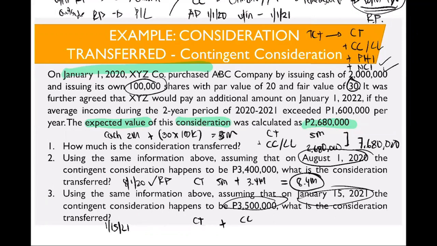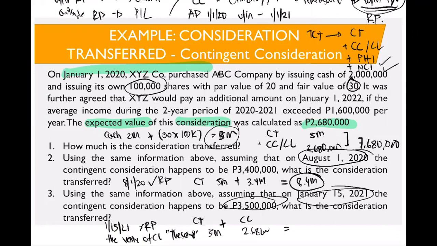Therefore, what will happen? If that is not within the remeasurement period, the value of the contingent consideration will remain the same. So if our consideration transferred initially is 5 million, our contingent consideration will remain the same at 2.68 million because again, it is already outside the remeasurement period.